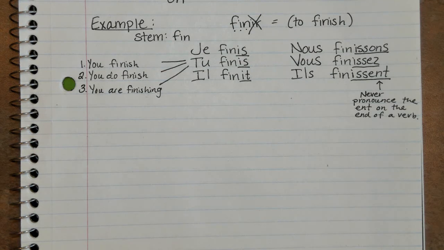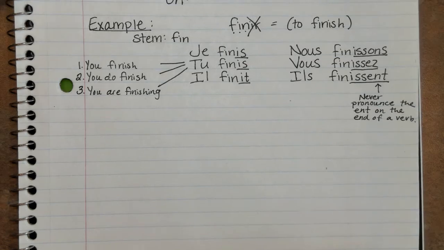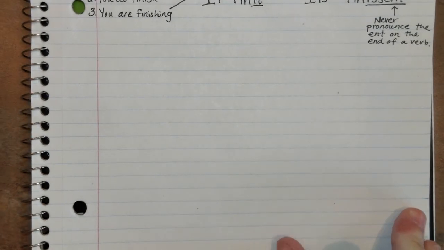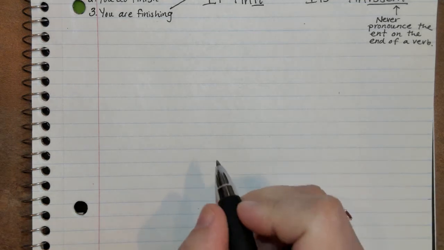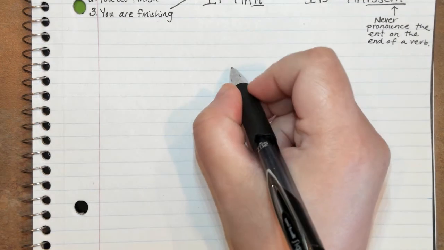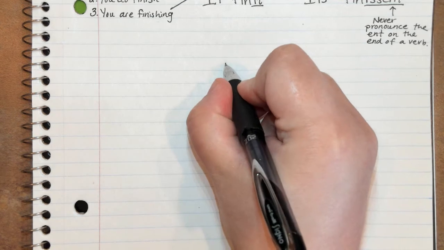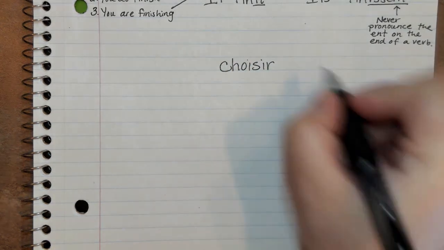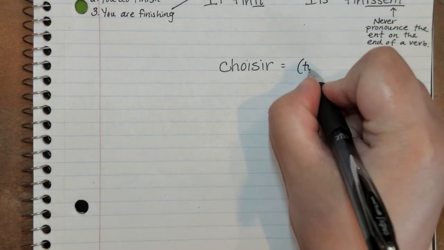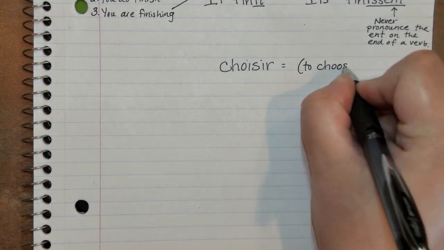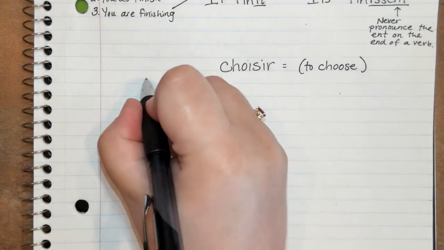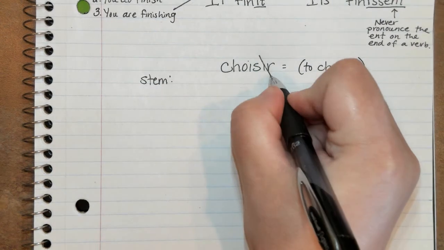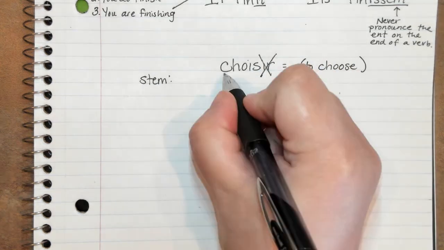There really aren't any exceptions to this, but I'd like to do one more as an example, just for more practice. The ones that some people find kind of tricky are the ones where the stem ends with an S. So let's do the verb choisir, which means to choose. So what's our stem? To find the stem, we take off the IR, so we're left with CHOIS.